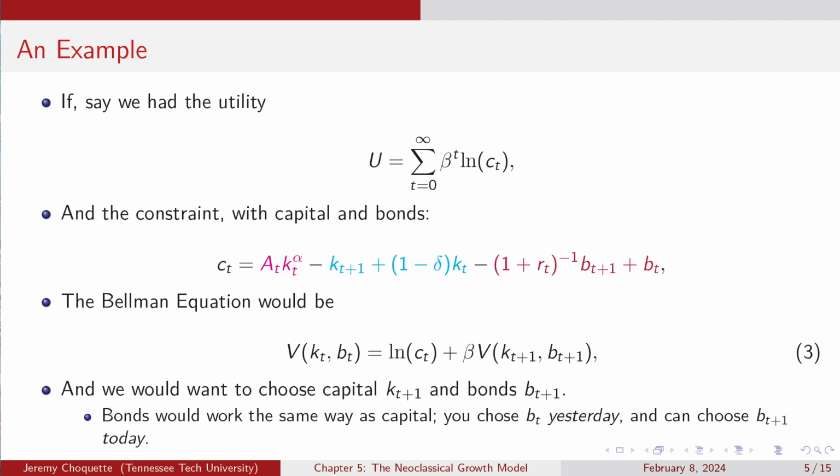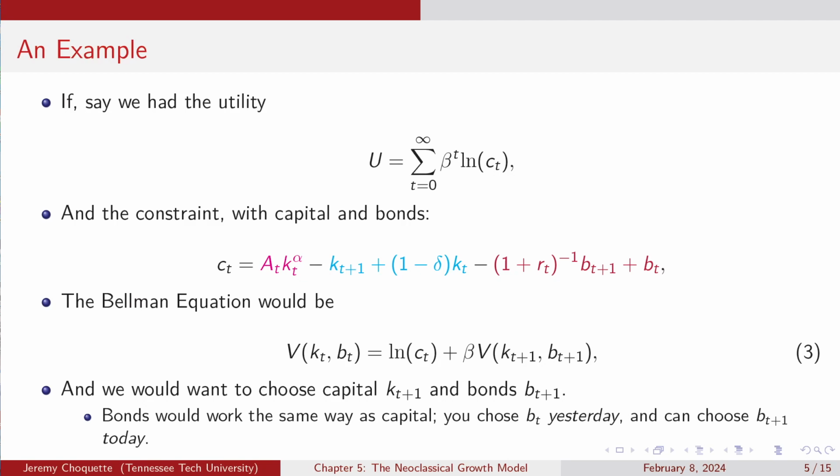So with this constraint and this utility function, all right, I've only got one input from my utility function. So that first period thing we're looking at is just going to be CT, right? The Bellman equation is V of KT and BT, because I've got two choice variables now. I'm choosing between capital and bonds. That's equal to the natural log of consumption plus beta times V of KT plus 1 and BT plus 1.